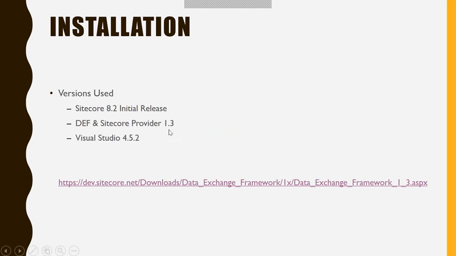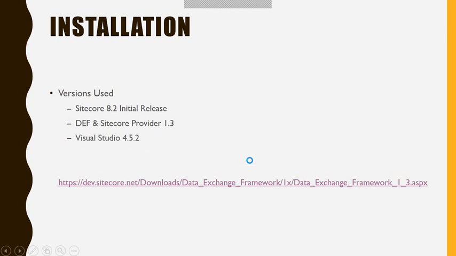For the installation, the versions which I've used are Sitecore 8.2 initial release, data exchange framework and Sitecore provider 1.3, and Visual Studio 4.5.2. The data exchange framework package and the Sitecore provider package are available in the below link.